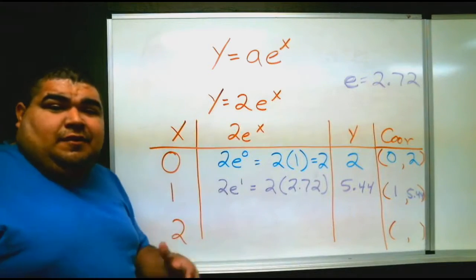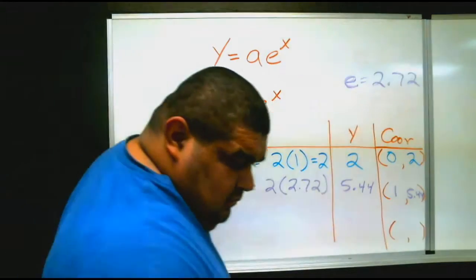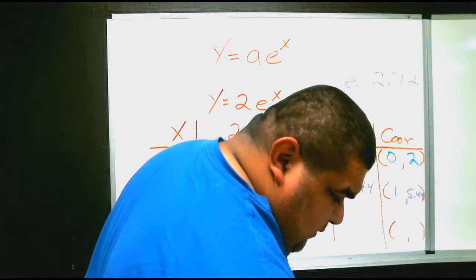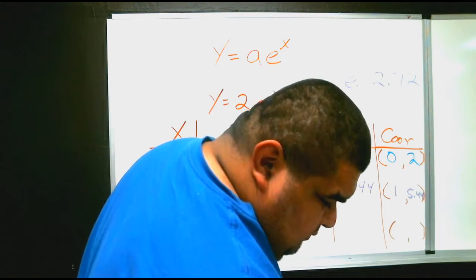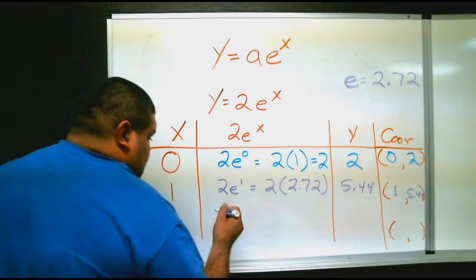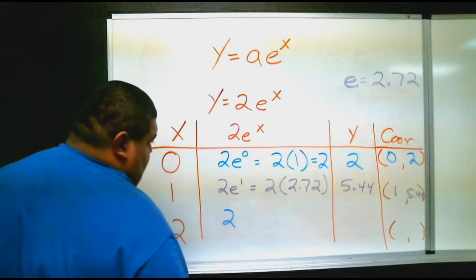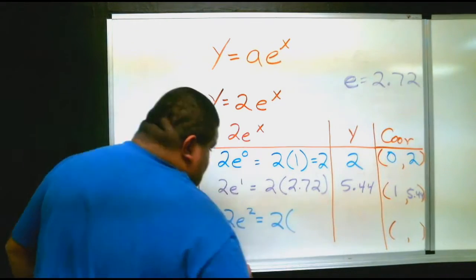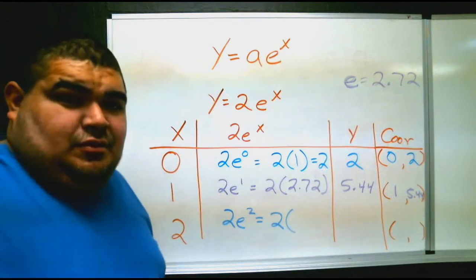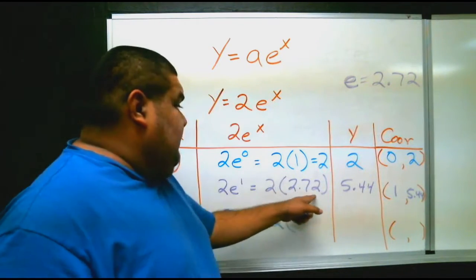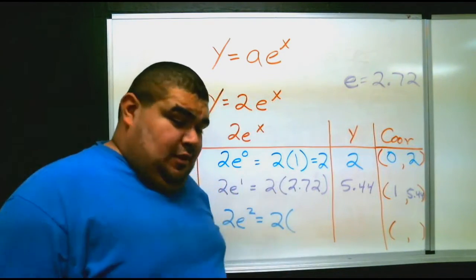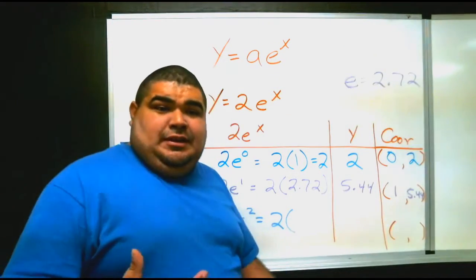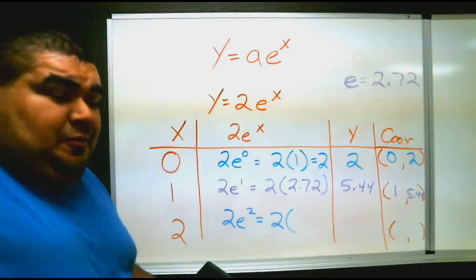We're going to do the same thing for 2. We're going to have 2e to the second power. e to the second power is just 2.72 times itself. Or if you have the calculator with the e, just plug in the exponent of 2.